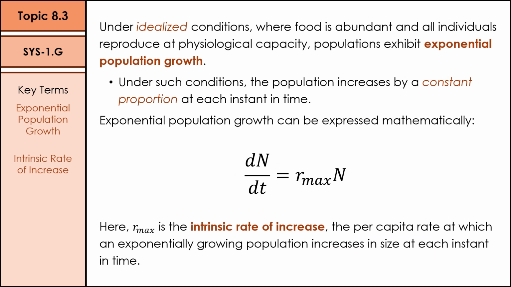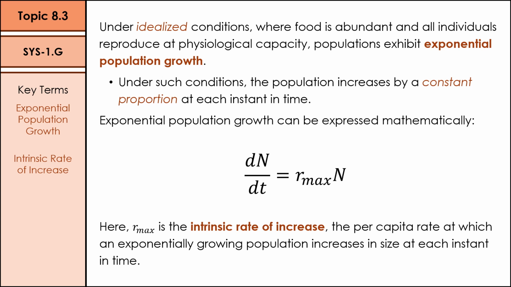So let us start with a hypothetical, because really 90% of the time that is what we're talking about when we're talking about idealized conditions. This is a perfect world. You have no wants, no needs, everything is provided for you.